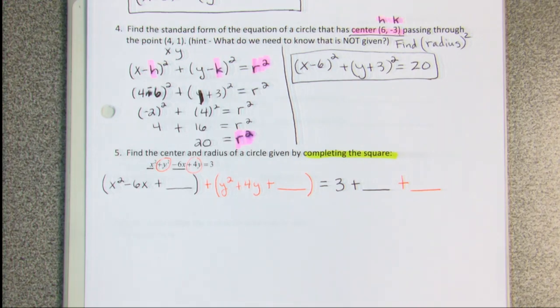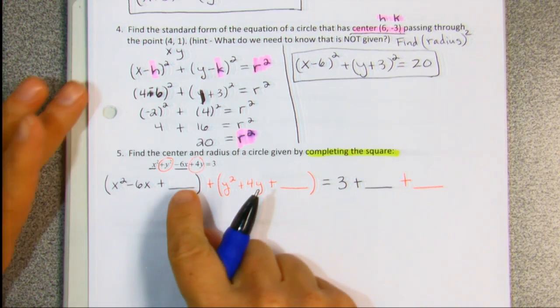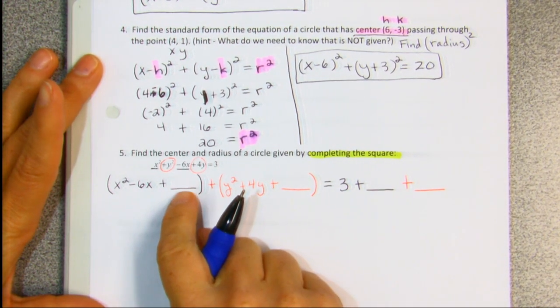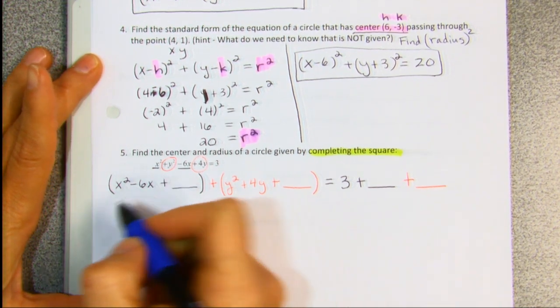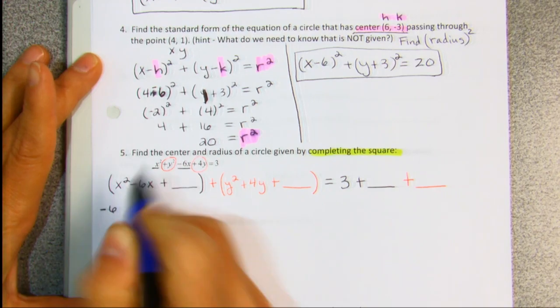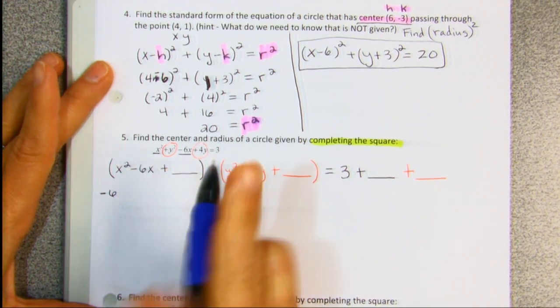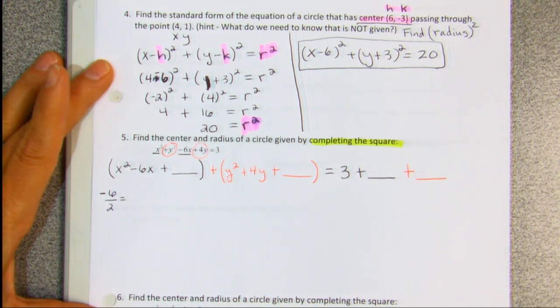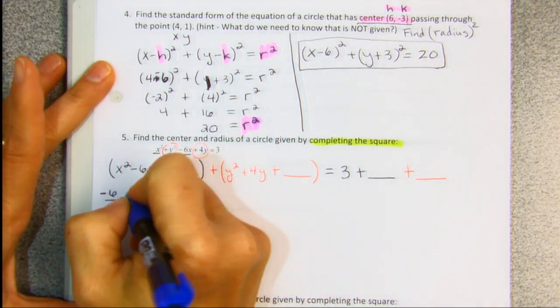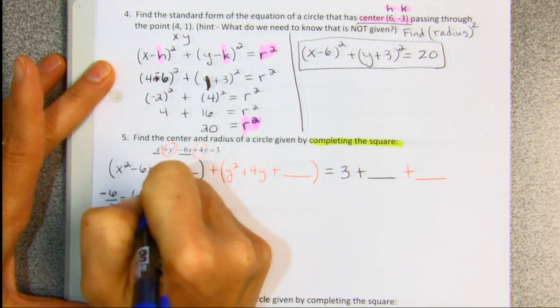Now we'll go practice completing the square. Okay, so what we need to find out is what perfect square number would go right here so that we could factor it to a binomial square. So remember, this is where we take that negative 6 right there, and we divide it by 2. It's the same as saying times 1/2. And that is the number negative 3.